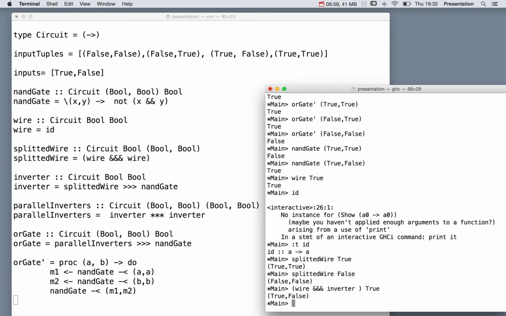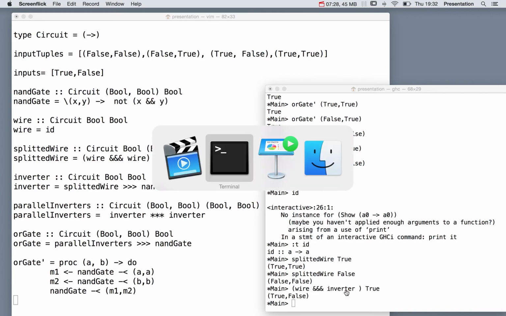Well, then you see that the outputted value on the left side is the same as the input, but on the right side it's just the opposite, because we were doing this kind of fan out operation, and here we were using an inverter.